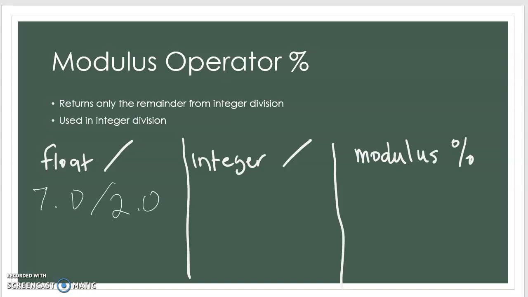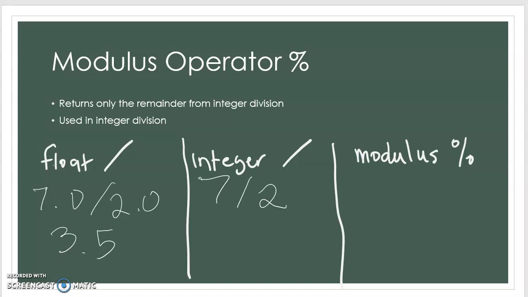7 divided by 2 is 3.5. So in this instance, where it's float division, that outcome can be a decimal. 3.5 is a decimal. That quotient can be a decimal with float division. Okay. Integer division. So same two numbers, 7 divided by 2.